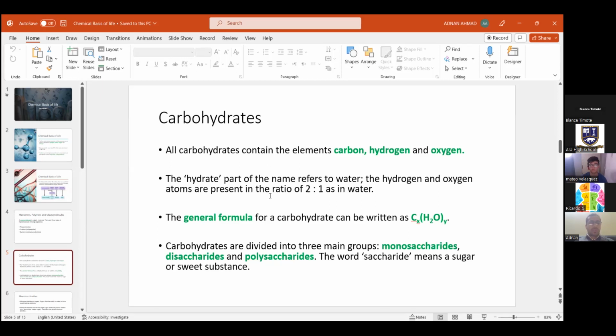The person who doesn't take a balanced diet starts losing weight and can easily get sick. So carbohydrates are sweet molecules, in the form of potatoes, rice, and other consumables, and they provide us with energy.